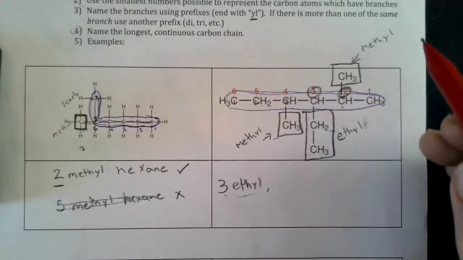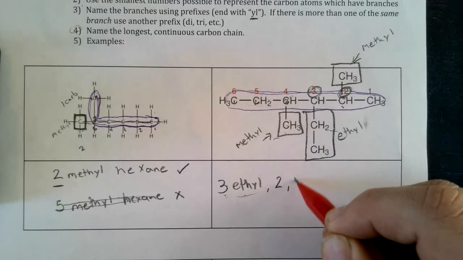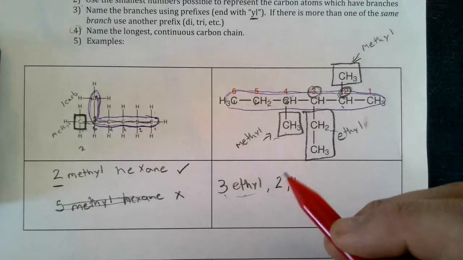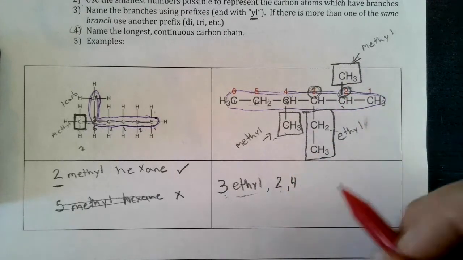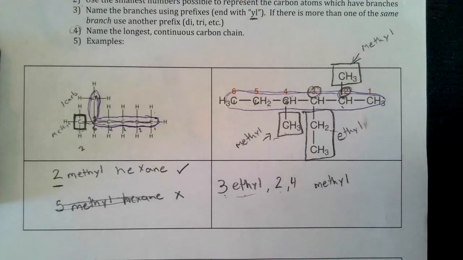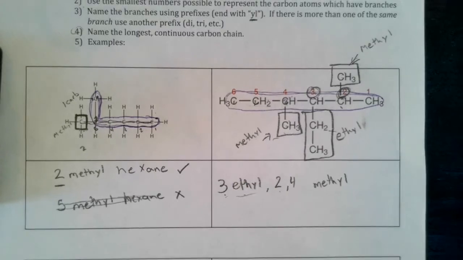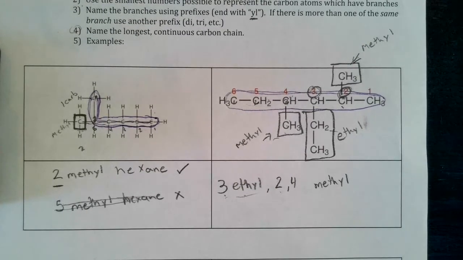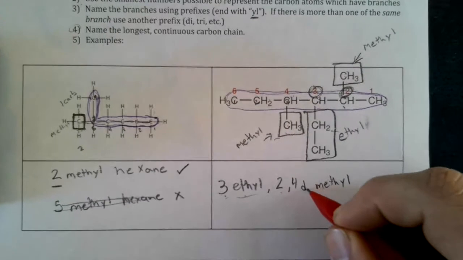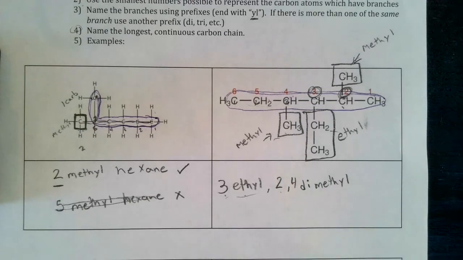So if we were to number this, we would correctly number this as 2 and 4. There is a methyl group at 2 and 4. 2,4-methyl. But if you remember from the videos last week when we were talking about going from a name to a picture, there was this little di thing in there, which was redundant.